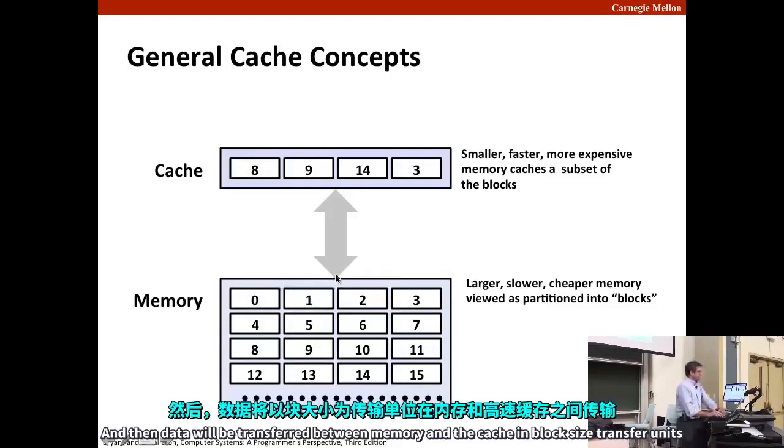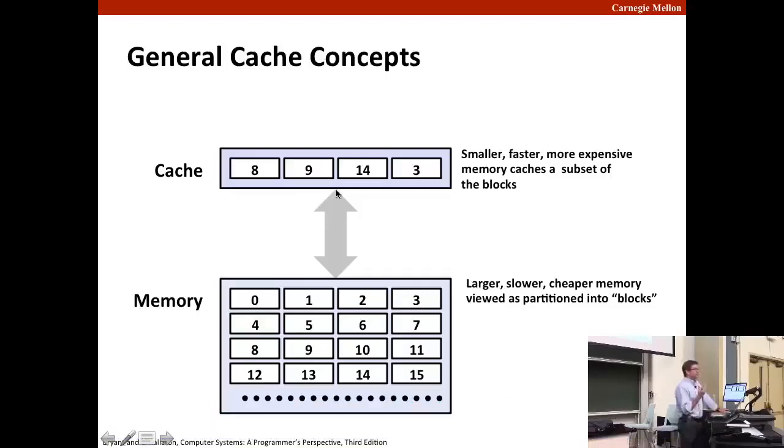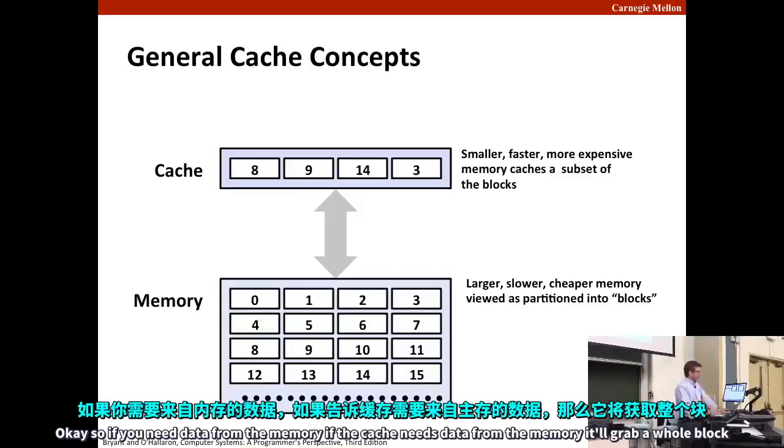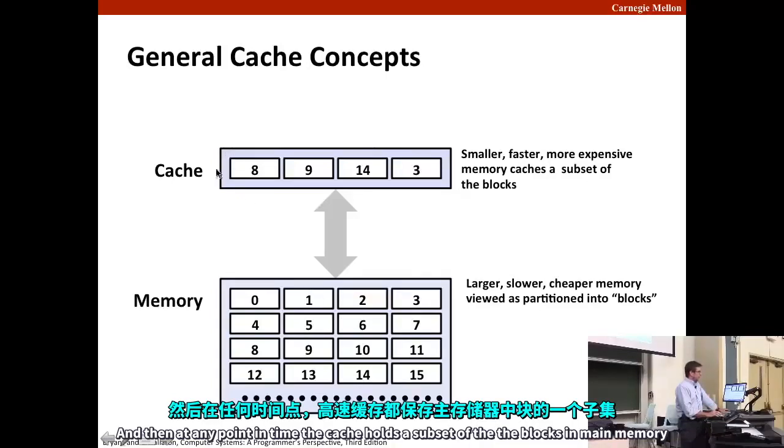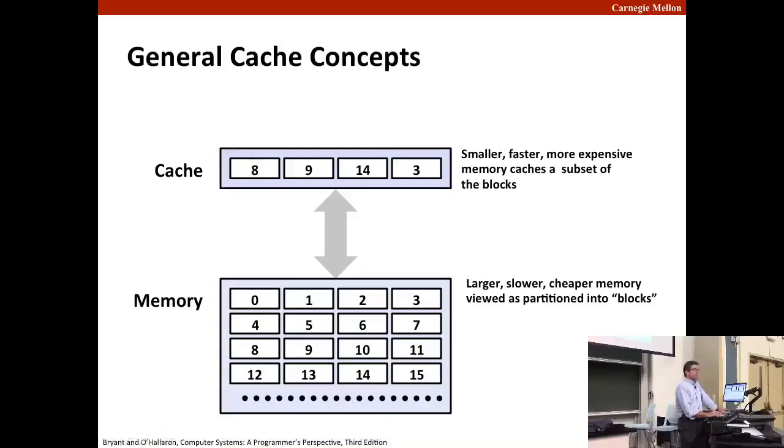Data is then transferred between memory and the cache in block-size transfer units. So if the cache needs data from the memory, it'll grab a whole block. At any point in time, the cache holds a subset of the blocks in main memory.